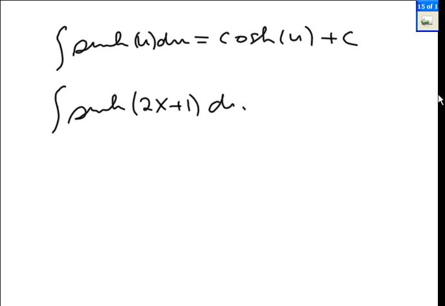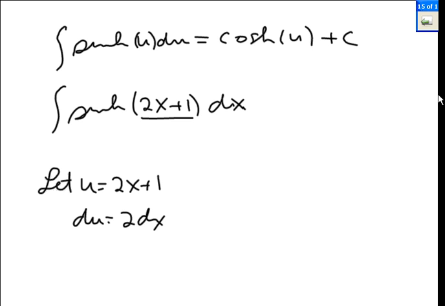The reason it's dx is because my function is in terms of x. If I let what I just happened to underline be u, well then du will be 2dx. To have du, I need 2dx. In order to put a 2 in, I have to bring out a half. So now I have 1/2 the integral of the sinh of u.